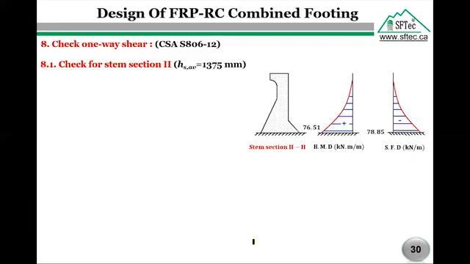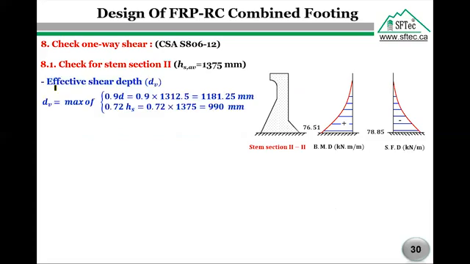In step number 8, we are going to check the one-way shear for all design sections. Let us start with the stem section number 2. Here, the effective shear depth equals the maximum of 0.9 from the flexural depth or 0.72 from the thickness of the section.